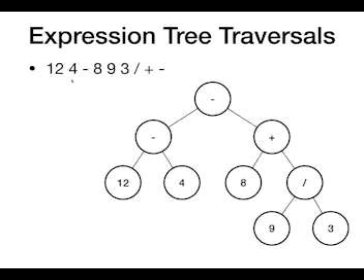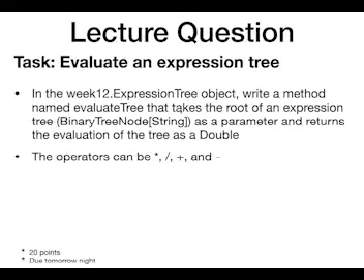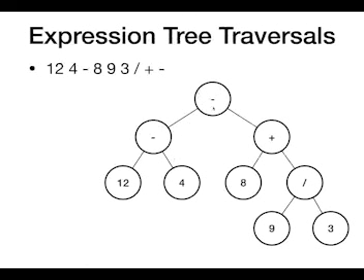Just a heads up. So if we do our post-order traversal on here, we'll start at this node, visit the left, we can print 12, return, visit the right, print 4, return, we visited the left and right, so it's time to print this.